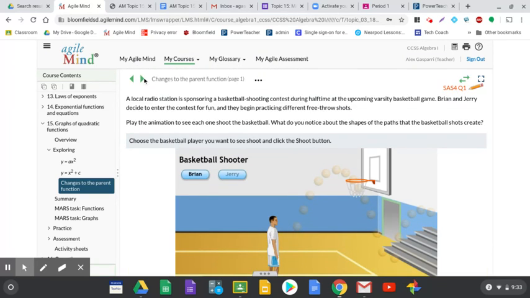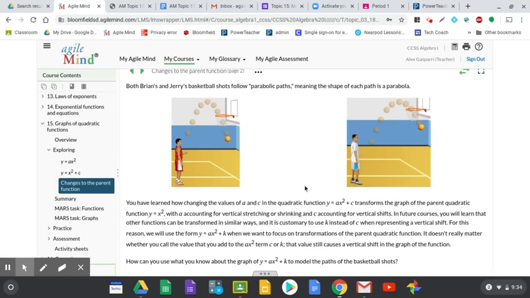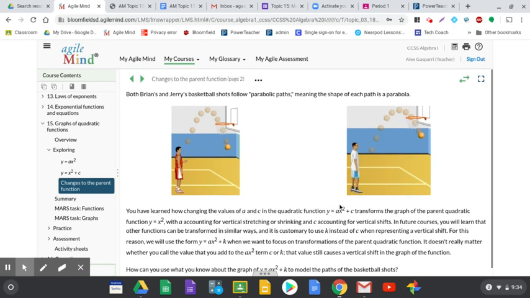And then if we go back to slide 2, it gives you a little description about the fact that each shot follows a parabolic path.